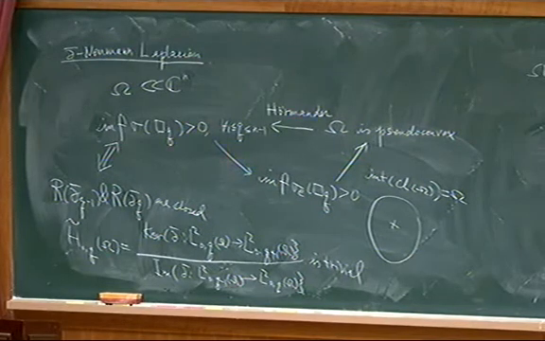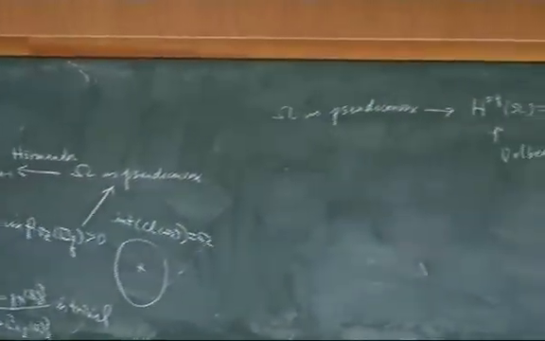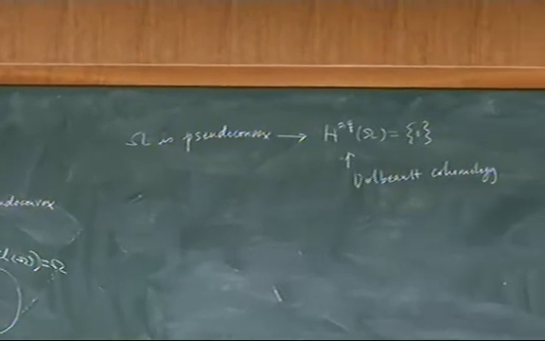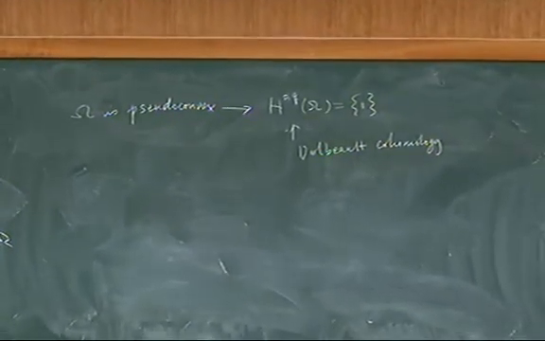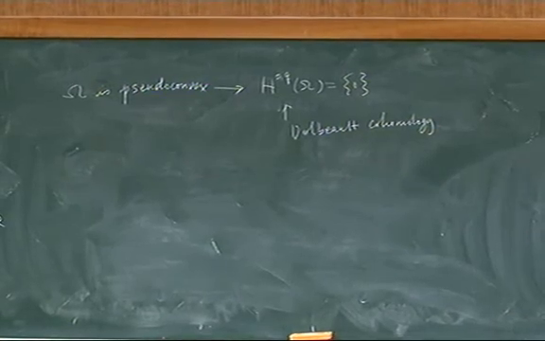Now, we need to be careful that Dolbeault cohomology need not be isomorphic to the L2 cohomology. This is a problem that has been studied by Hörmander and by Ohsawa and many people, but it may not be so.